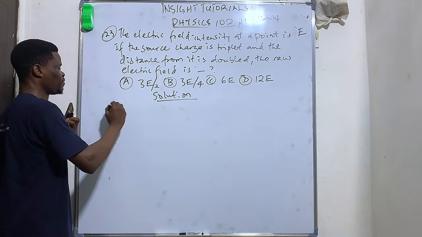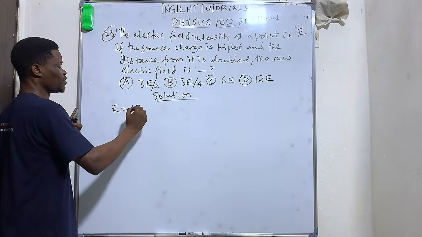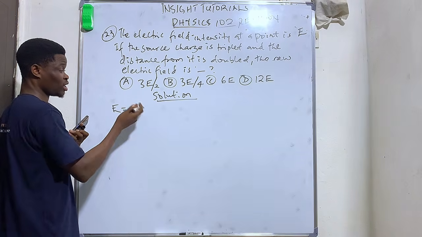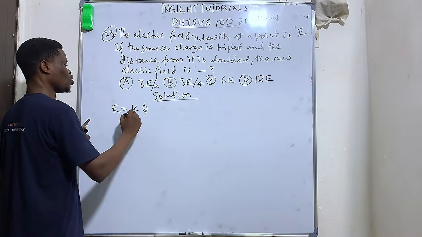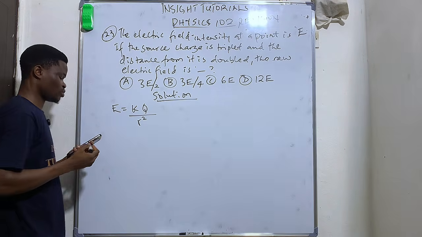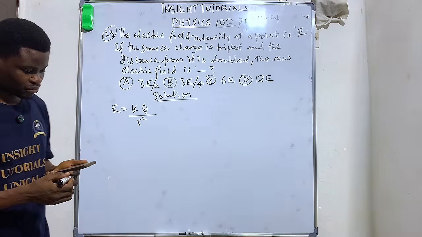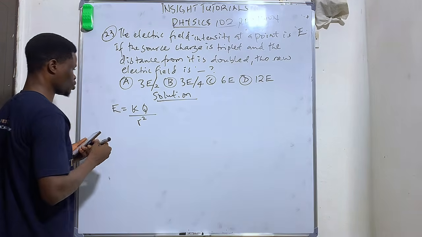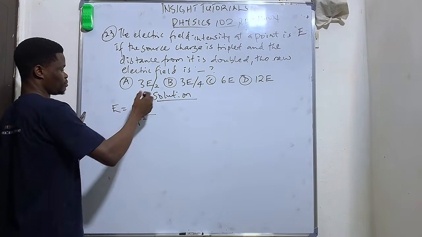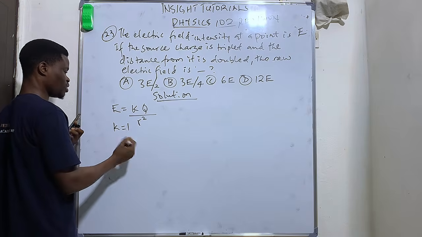Remember that the electric field intensity E is given as the Coulomb constant K times the charge Q all over the radius in its squared form. So what we're going to do in essence is this. Based on what we're told, remember that this K is constant, so it is 1.